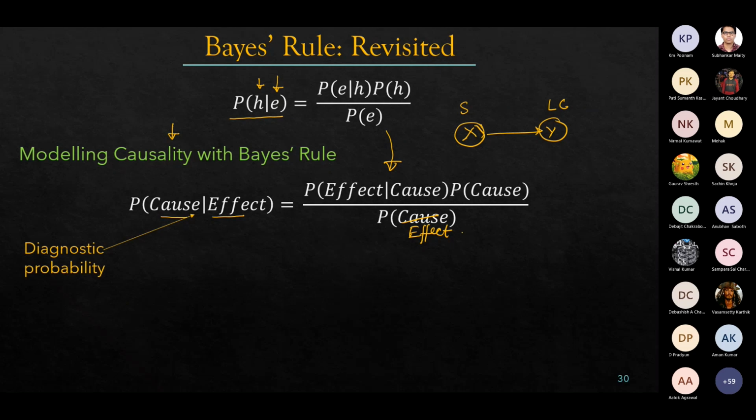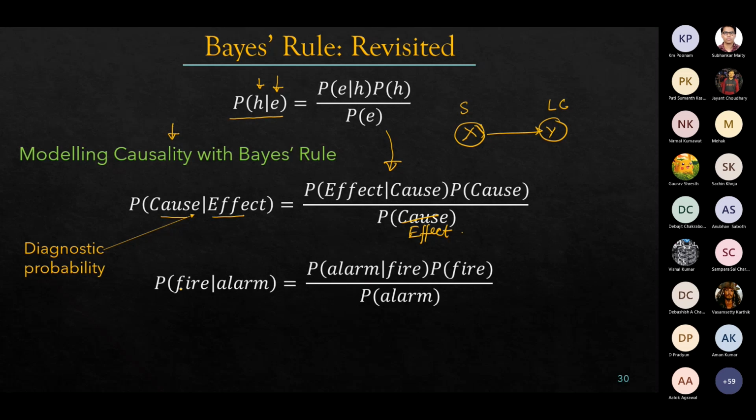We are trying to find the probability that there is a fire given the alarm was ringing, right? So this is what we want to find. Now, how can we find that? We can rely on the probability values: probability alarm given fire, and probability alarm, right?